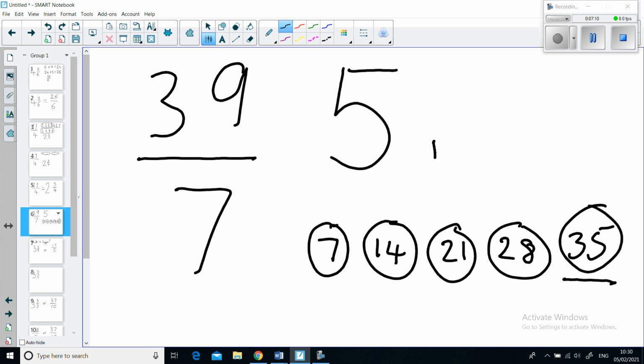Now I don't just write remainder 4, because remember we're doing this as a mixed number. So it's got to be a whole number and a fraction. Okay, so I have my 4 and I put it over my same denominator that I've got before, which is 7. So now you can see that 39/7 is exactly the same as 5 and 4/7. They are equal to each other. They are equivalent. They are the same.